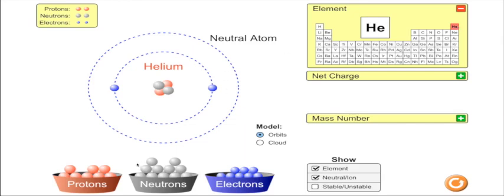So let us just add another proton. If we add another proton, you see now we have a charge. It says we have 3 protons, which are 3 positives, and we still have 2 electrons, which is 2 negatives. Therefore, we have +1. It is no longer called an atom, but it is an ion because it is charged. So a charged atom is called an ion.